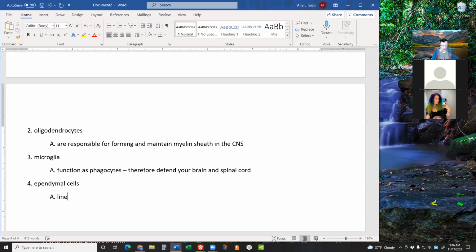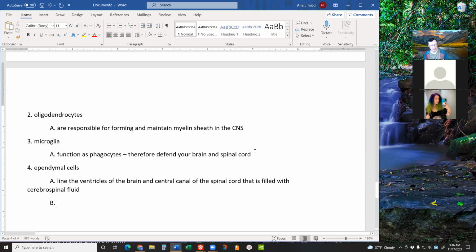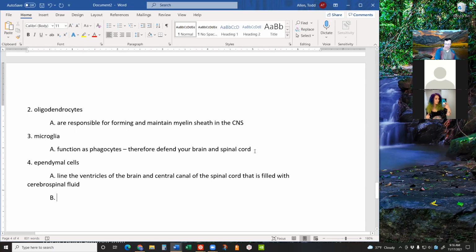Ependymal cells line the ventricles of the brain and the central canal of the spinal cord that is filled with cerebrospinal fluid. These cells actually act as a filter to filter blood plasma to form the cerebrospinal fluid. So ependymal cells participate in the production of cerebrospinal fluid.